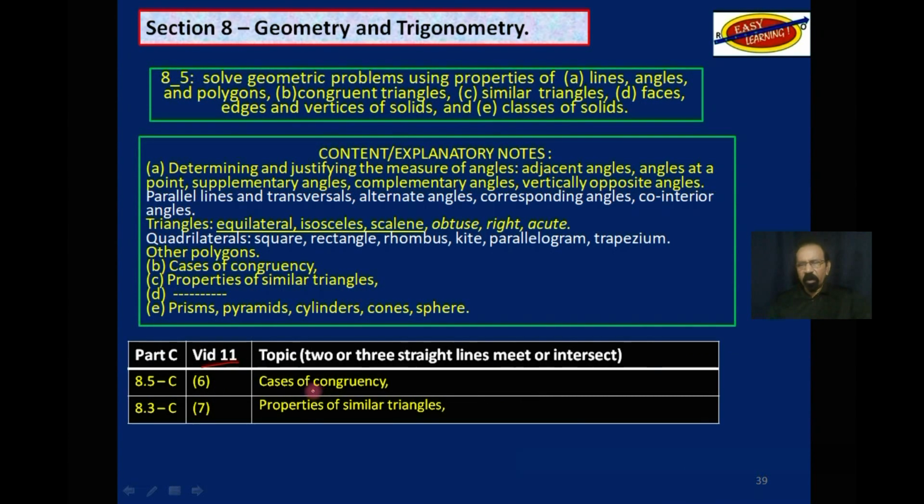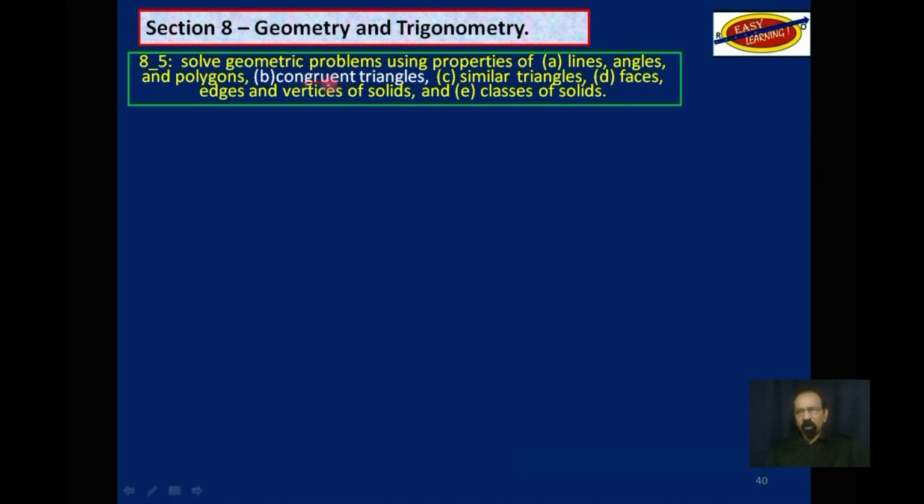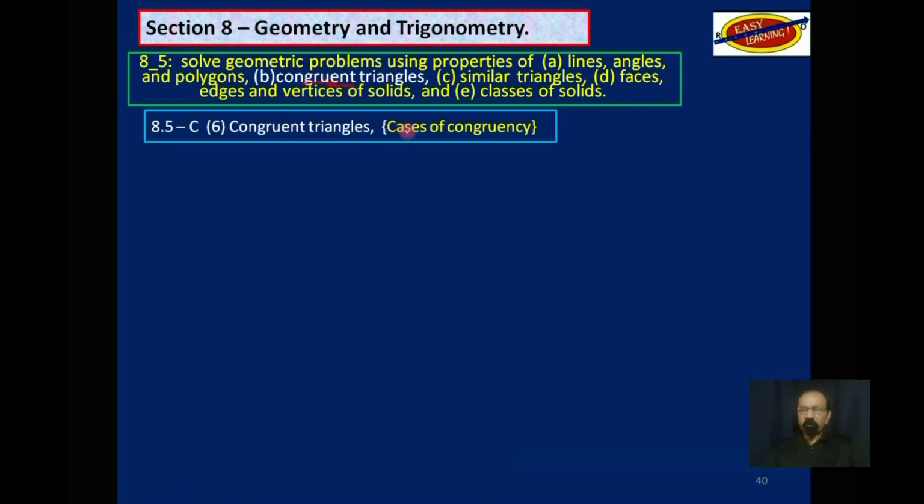So we are here. We are looking at cases of congruency, which is the sixth concept in this objective. And then after that, we will be looking at properties of similar triangles, which will be the seventh concept in this objective. So we are talking about congruent triangles to begin with, and cases of congruency.